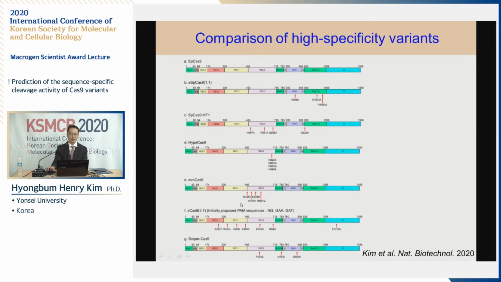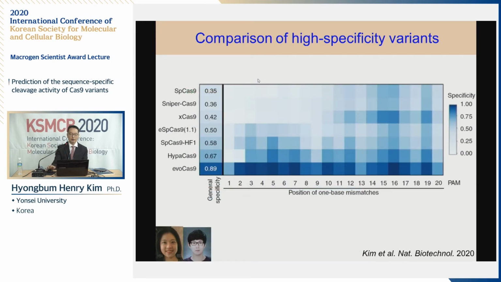So we were also confused. So we compared these variants using high-throughput analysis. This is a target sequence, the PAM sequence is here, and this is a 20 base pair target sequence, and we generated one base pair mismatches, and we determined whether the one base pair mismatch is tolerable or not.